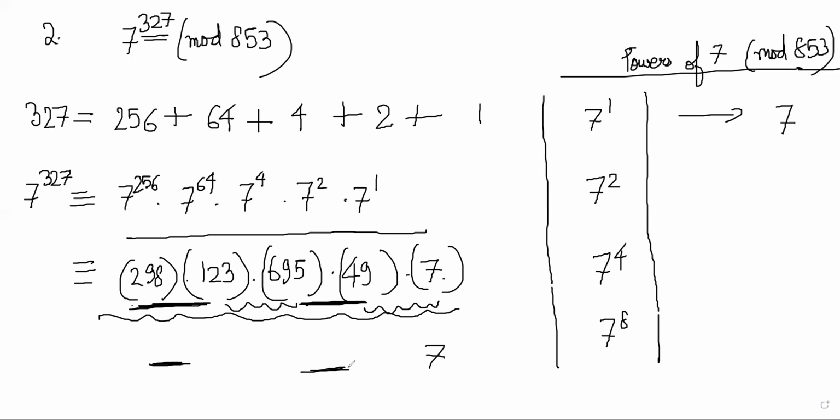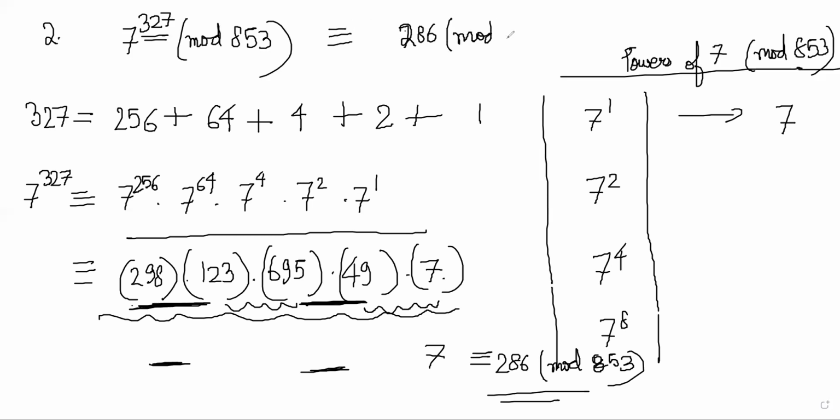Finally, the answer will come as 286 mod 853. So 7 power 327 is 286 if you divide by 853 and take the remainder.